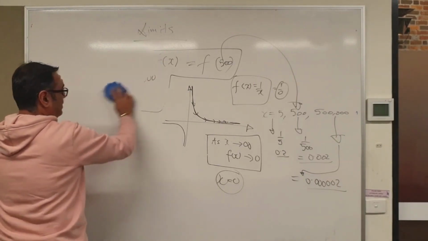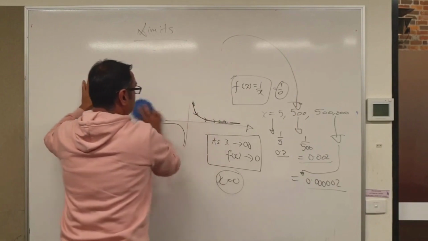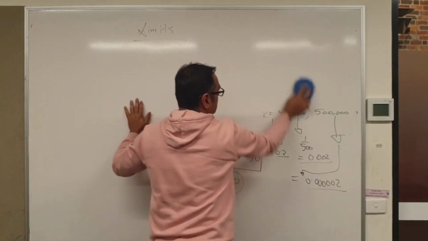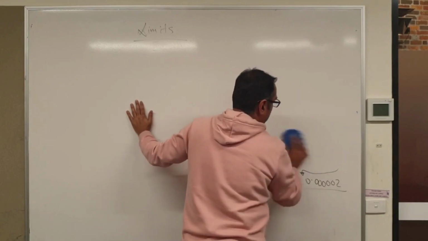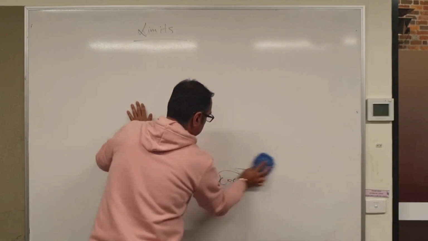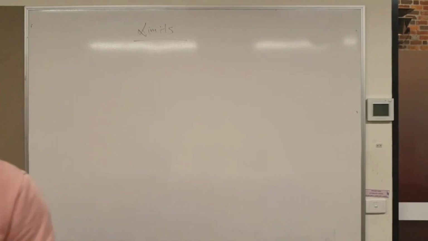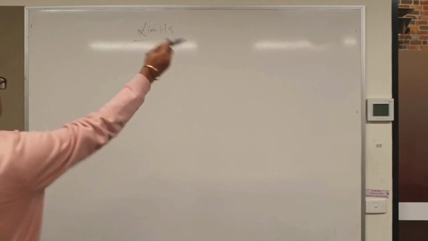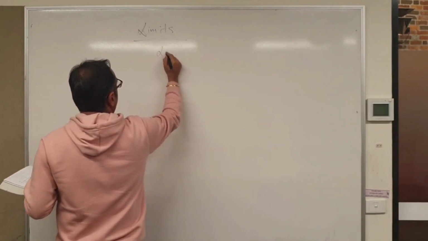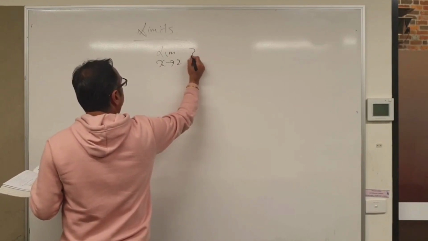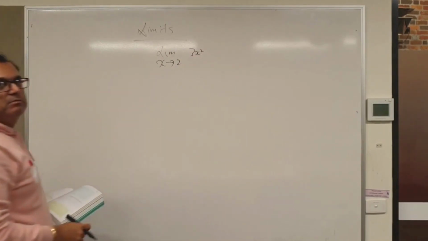Is limit sort of making some sense to you? Yeah. We'll do a bit more deep dive, but it is important to understand what it is. In its very simplicity, if I say, limit x tends to 2, 3x squared, find the limit.